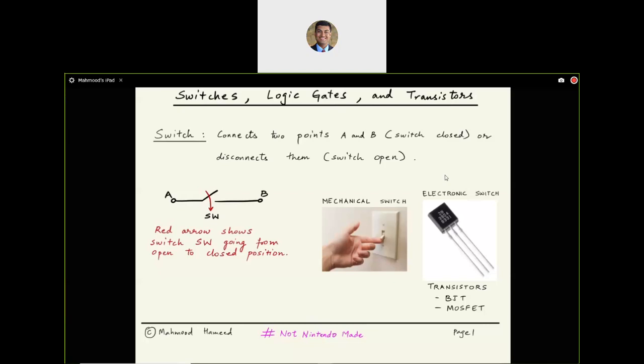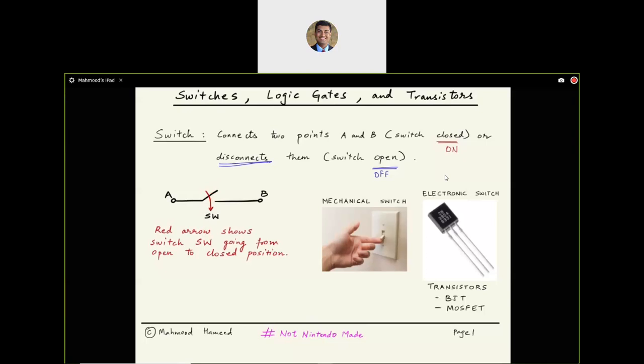Open means disconnected. You could also use off to say the same thing. And in the other case, switch is closed is when they are connected, or you could say switch is on. So that's how you are going to draw a switch in a schematic.